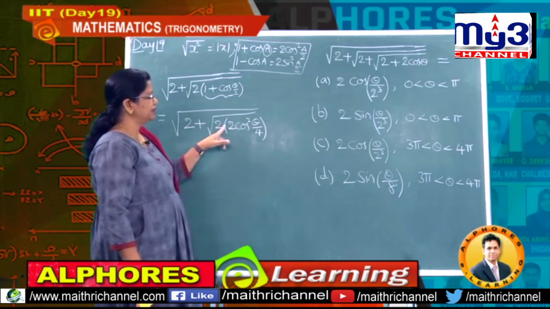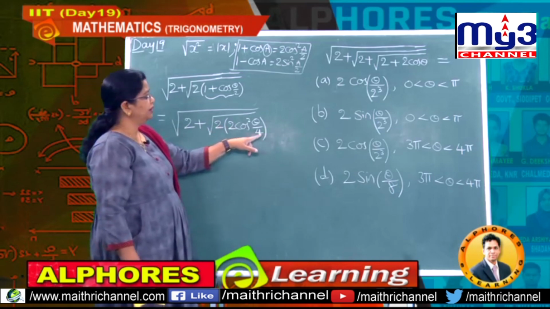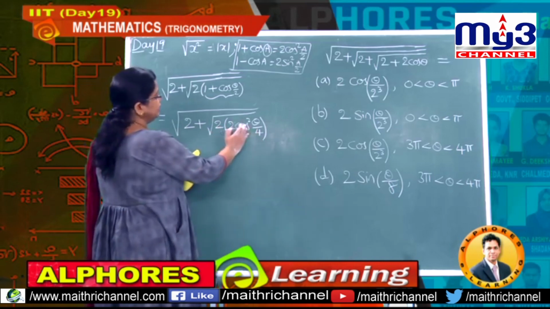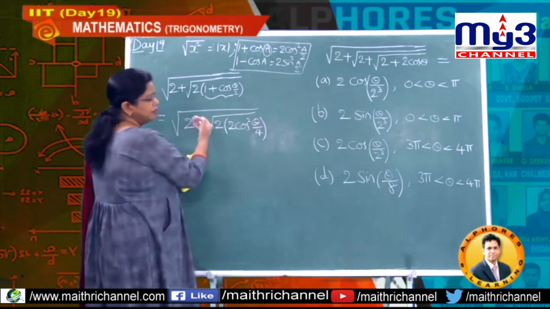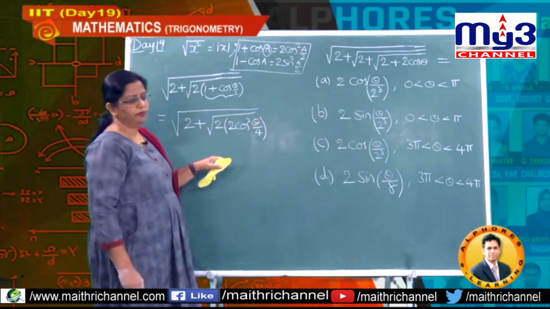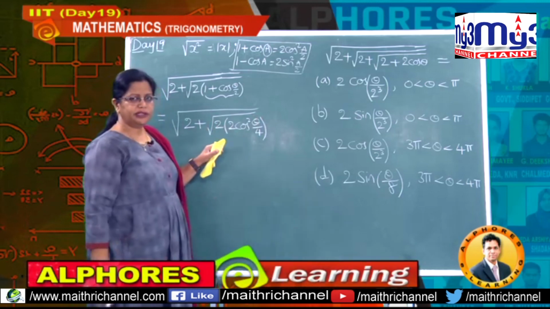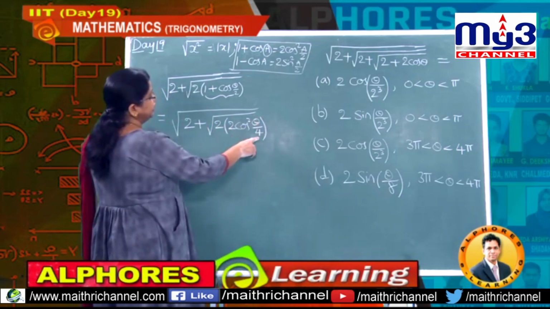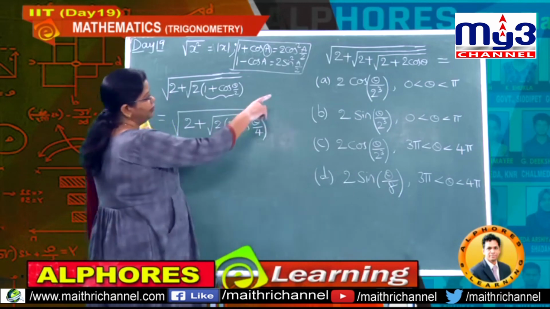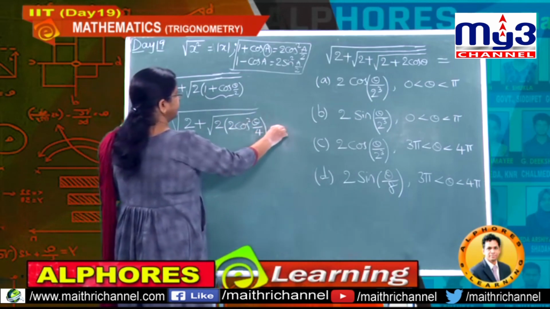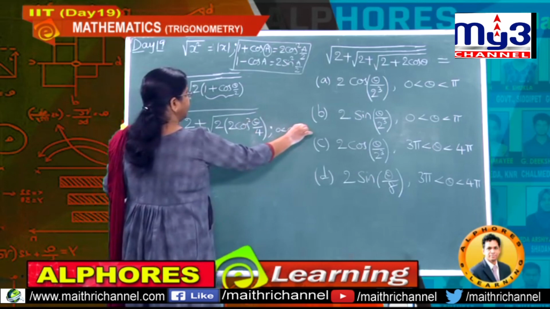Now again you got root of cos square theta by 4. This 4 is there, students, I told you already, don't cancel this 4 and this 4. Once these are after cos, you can't take them this side, it is a function. Now root of 4 means obviously 2. Then what about theta by 4? From the same condition we started, 0 less than theta less than pi.